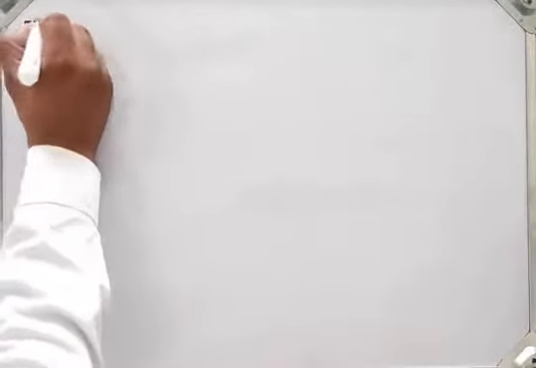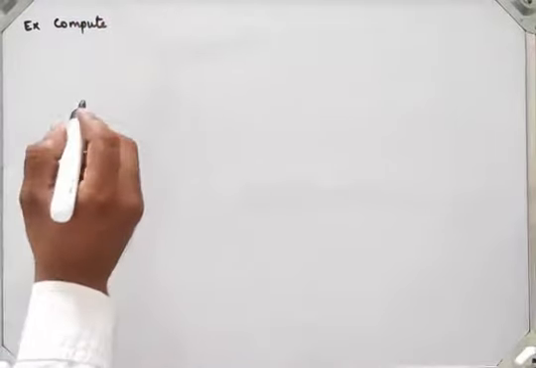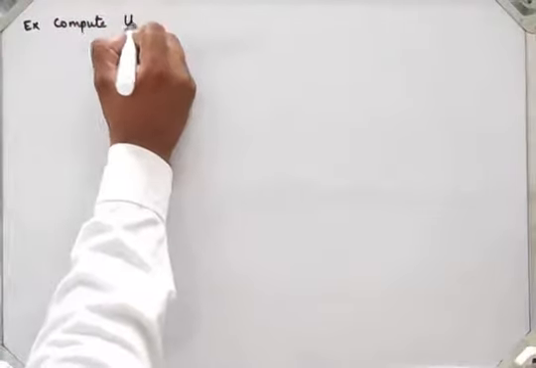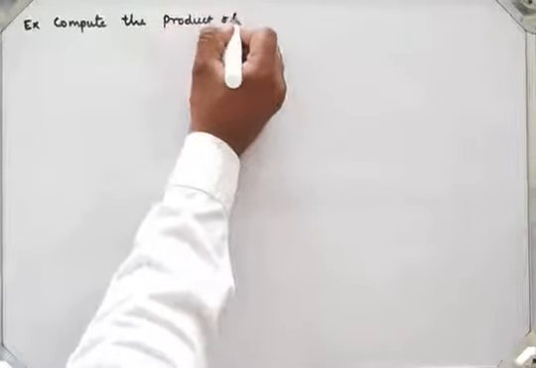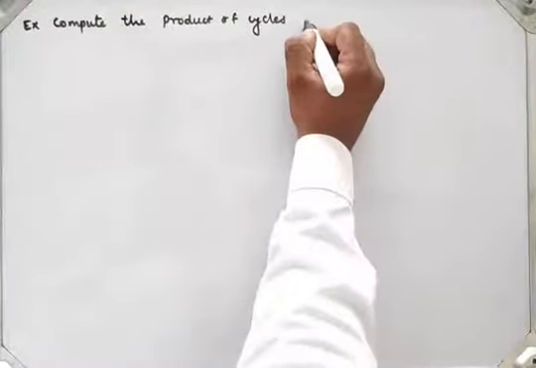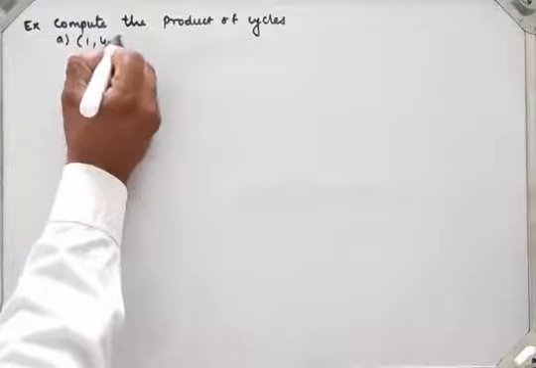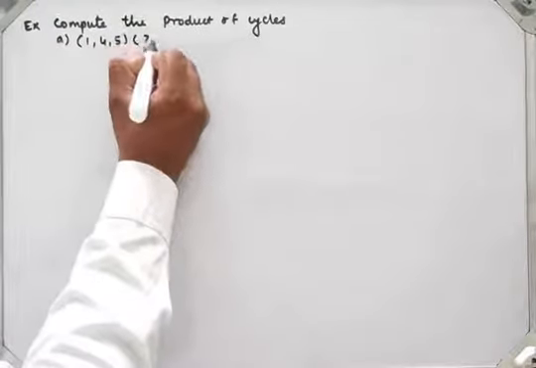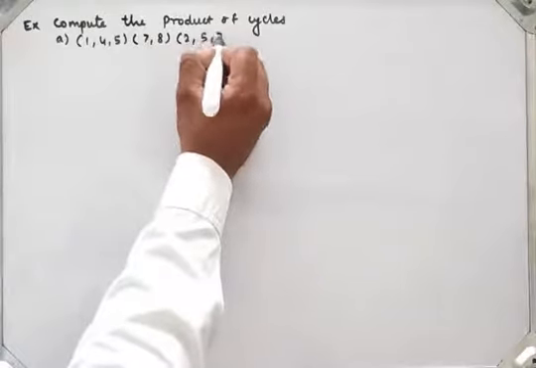Let's see one more example. Compute the product of cycles. First: (1 4 5), (7 8), (2 5 7).